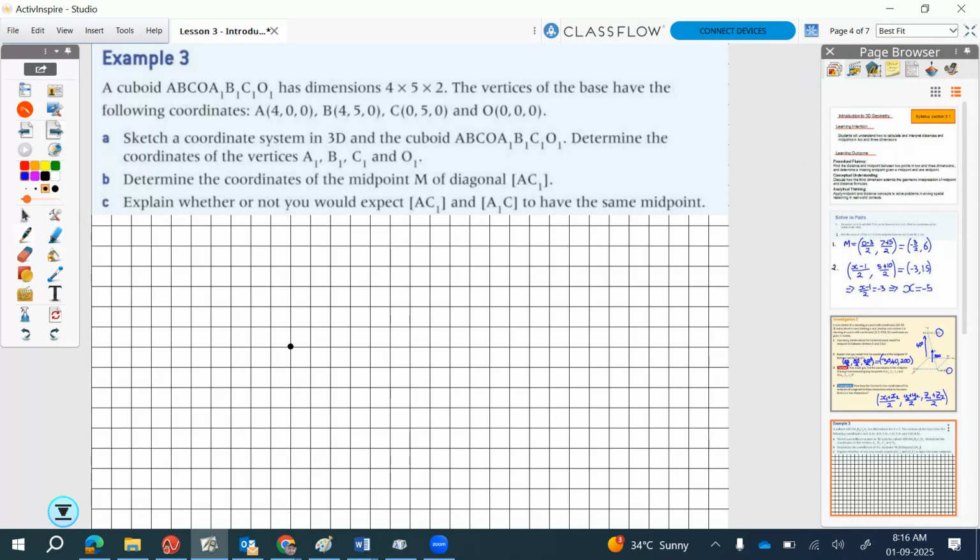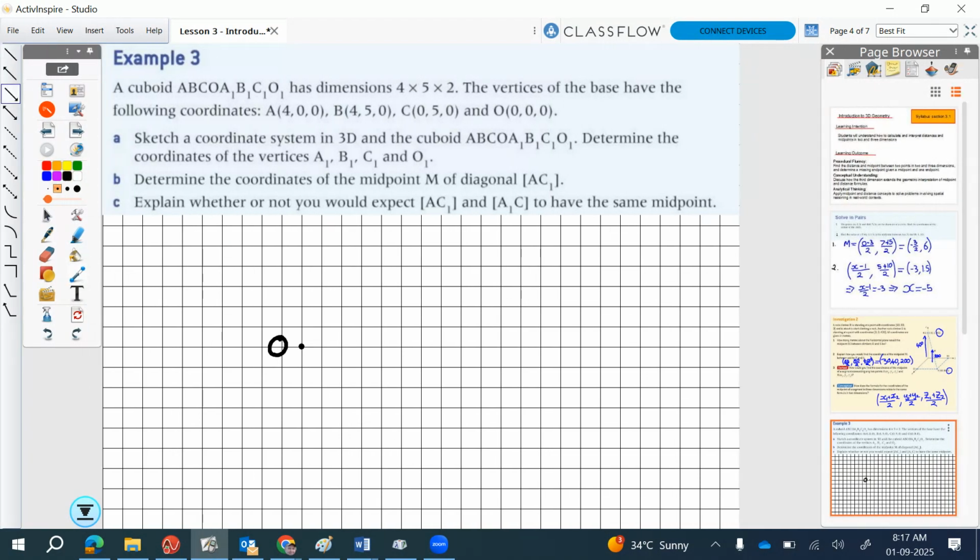We're told the vertices of the base have the following coordinates for a three-dimensional cuboid. So we start off here with the origin. This is the origin here at 0, 0. So our first point A is at a distance of 4 on this one. I'm going to put my coordinate axes. So here is my y-axis.